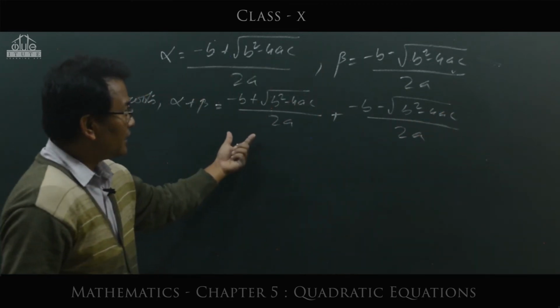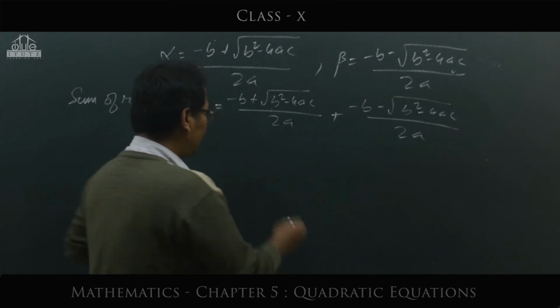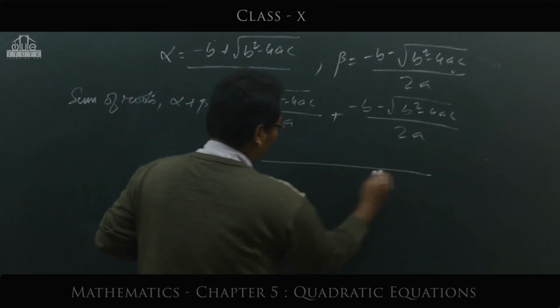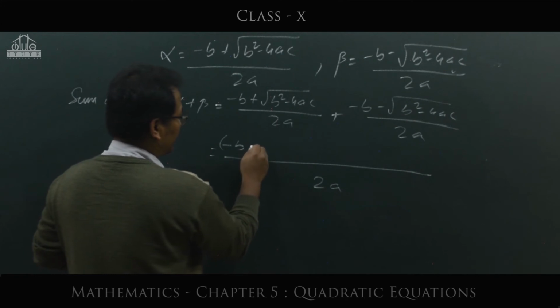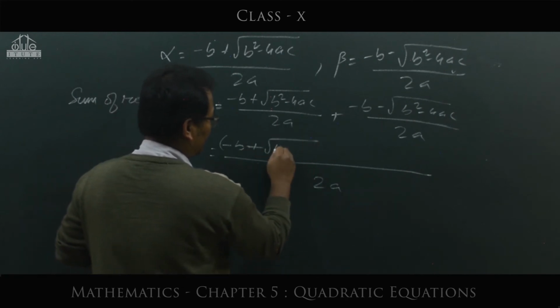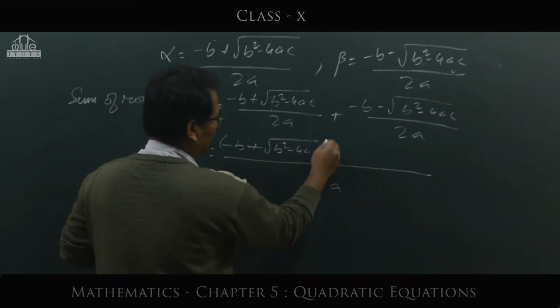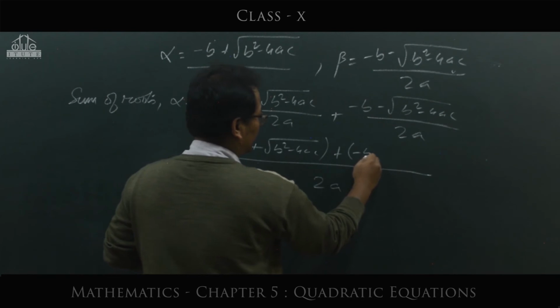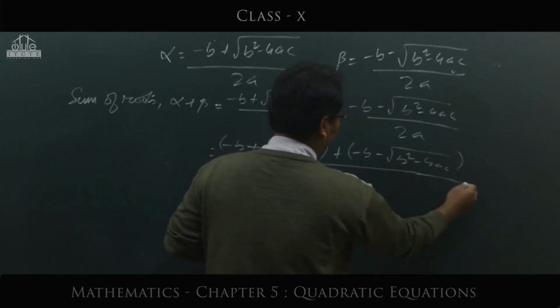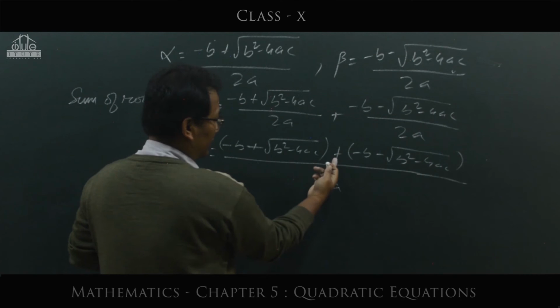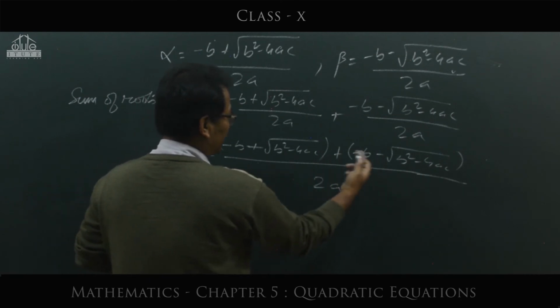So you will see in these two terms the denominators are same, so I can take common, it becomes twice of a. So the numerator is minus b plus root over b square minus 4ac plus minus b minus root over b square minus 4ac, bracket close. So when I open this bracket, it is positive, so it becomes minus minus.